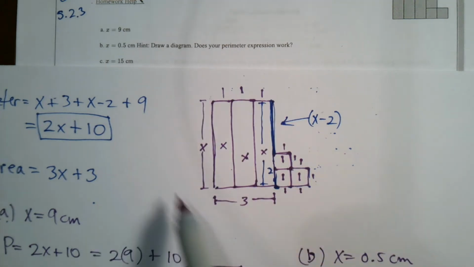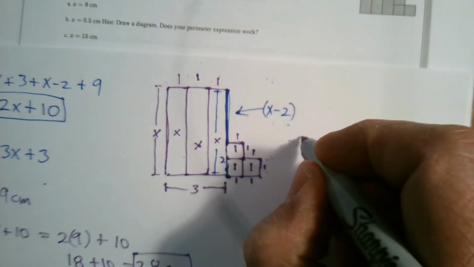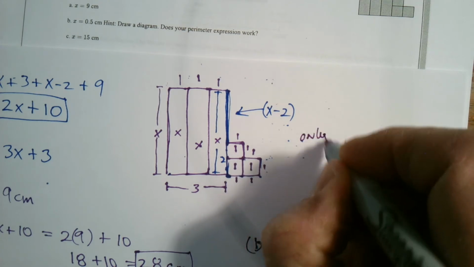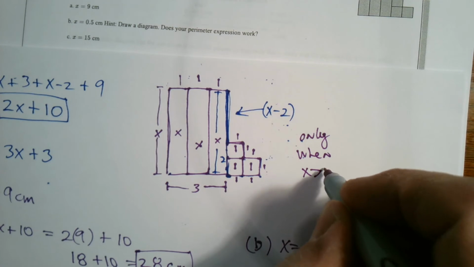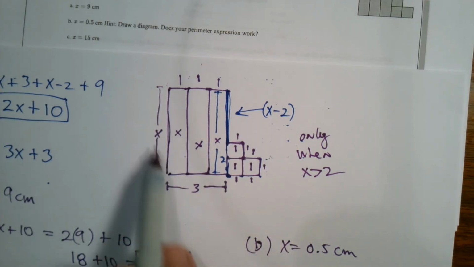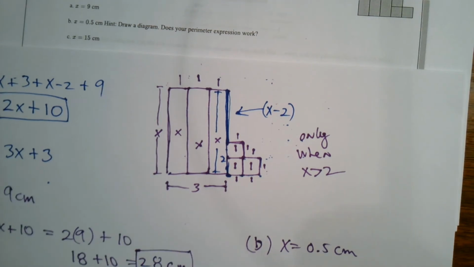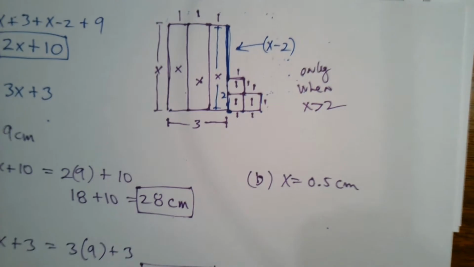This diagram works only when x is greater than 2. That diagram does not work if x is less than or even equal to 2, right? So in this case, x is not greater than 2, so that diagram doesn't work. So I have to rethink the diagram.